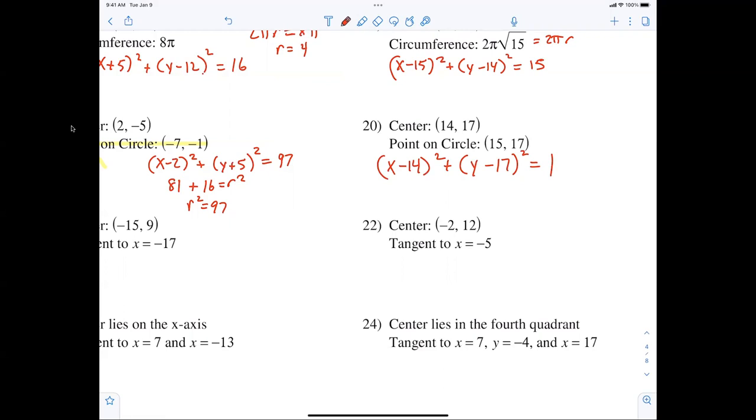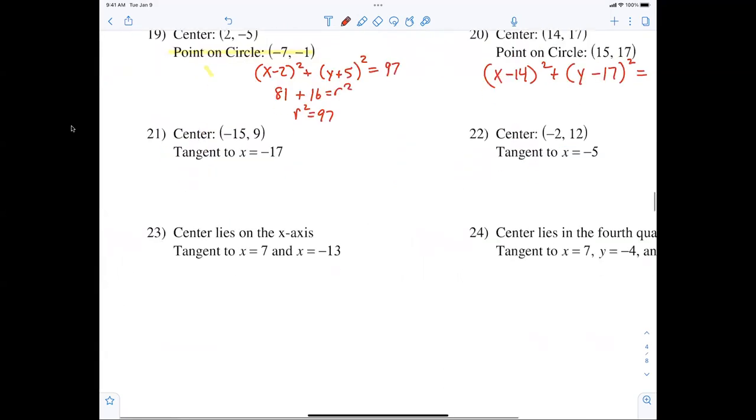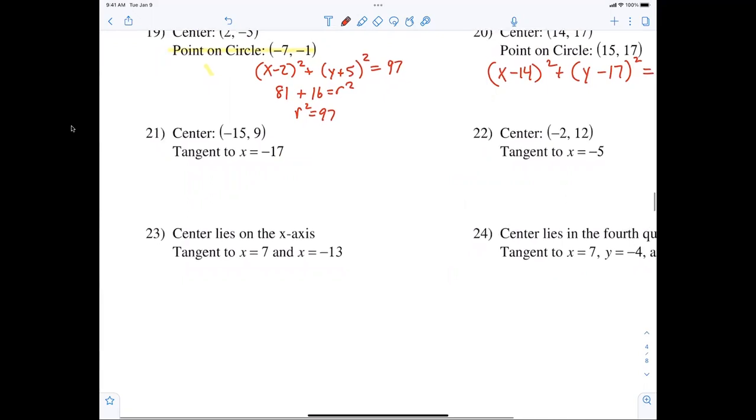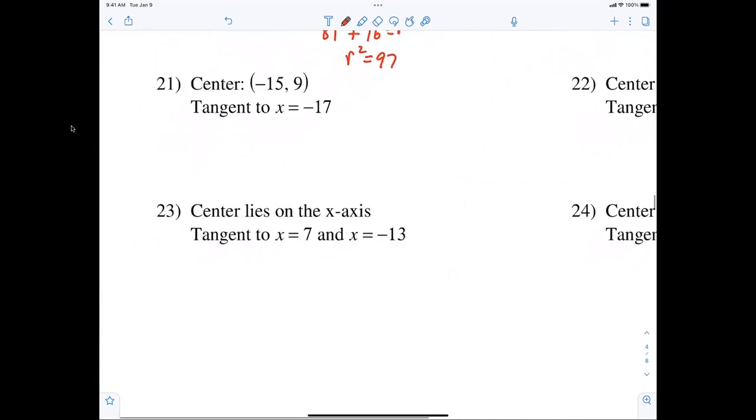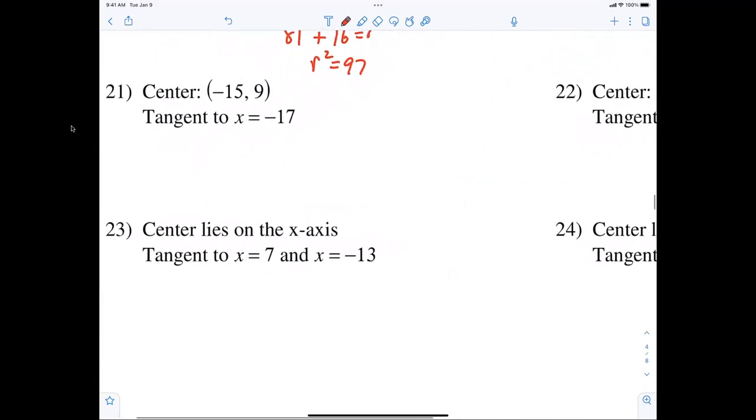Any issues? All right. So now, again, this was the hard one on the test for kids. And I tell them the reason why it's hard is because you're not visualizing it.